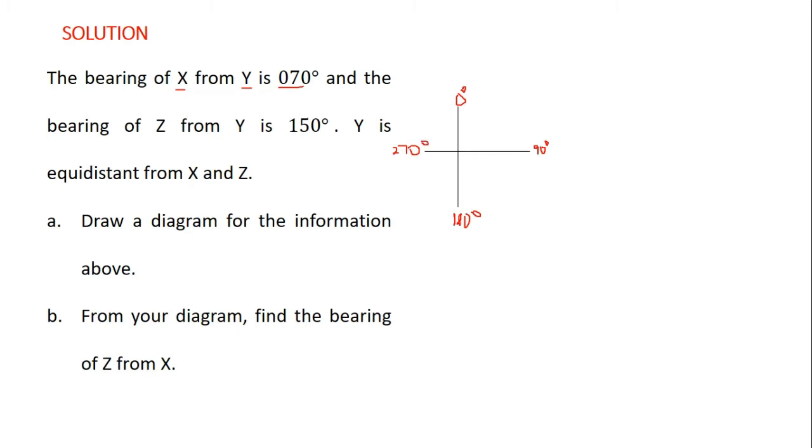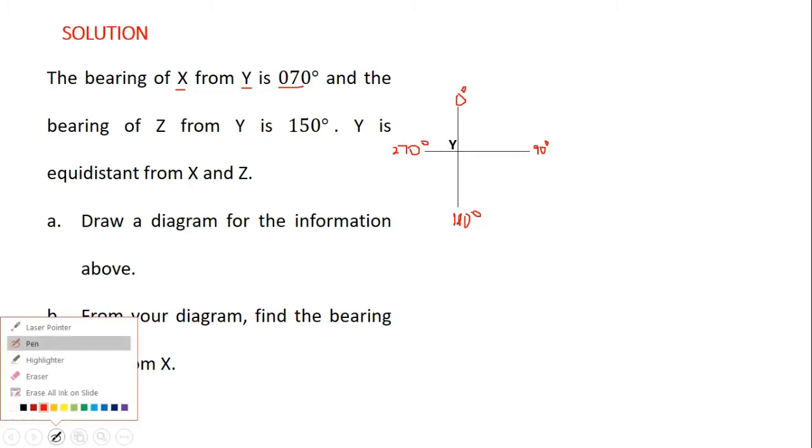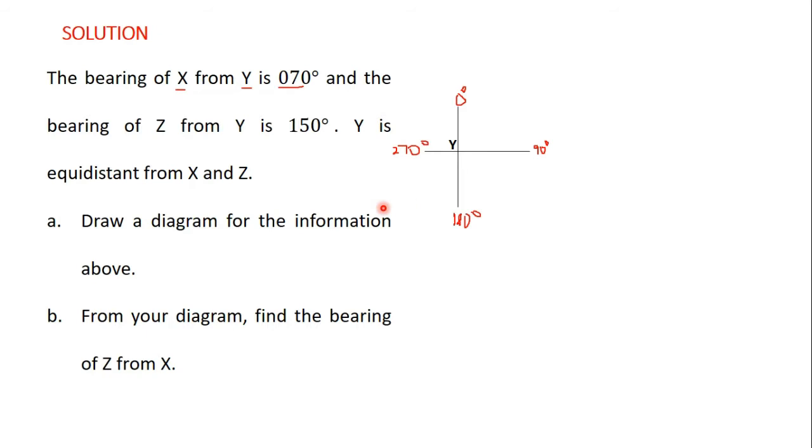Now our starting point is y, our ending point is x, and the angle is 70 degrees. So we measure 70 degrees from 0 in the clockwise direction, and that will give us this. We will draw our line, then we indicate x here as the ending point.